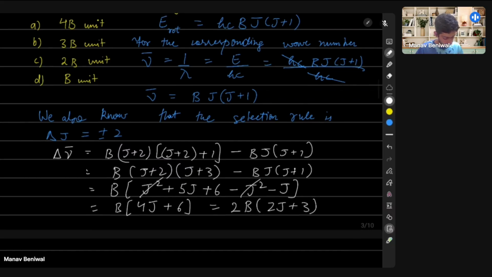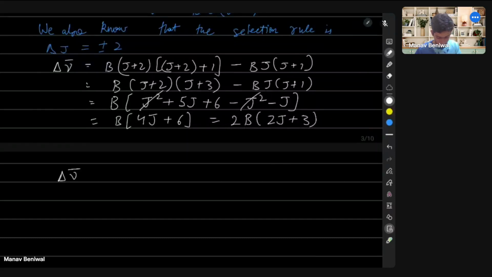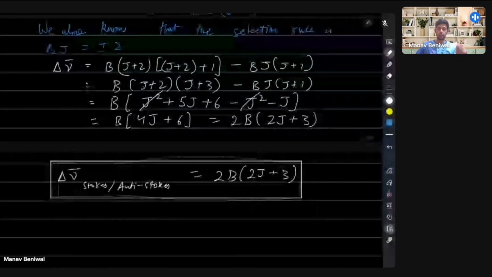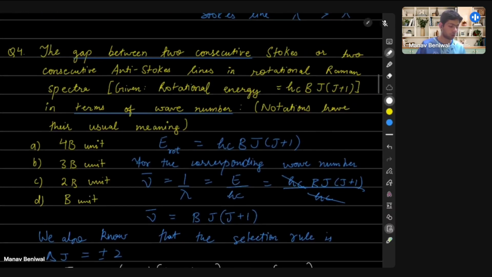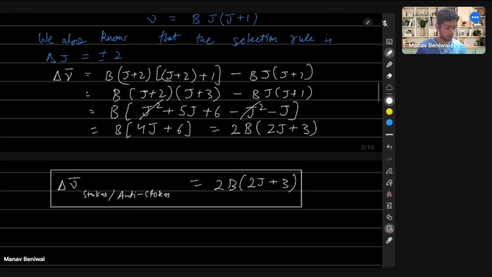Right, so finally we have delta nu bar for Stokes or anti-Stokes, which is nothing but 2B(2J plus 3). So this is the Raman shift, in terms of B and J. Now the question asks us for 2 consecutive Stokes or anti-Stokes lines.